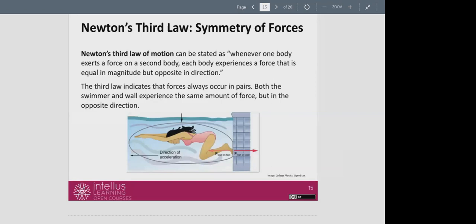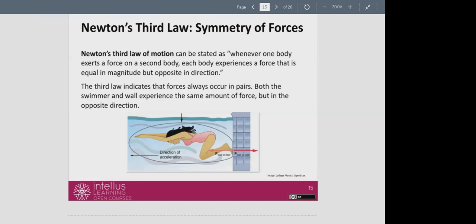And you can see that because the arrows are the same size. You can see that they point in opposite directions. What you don't readily see that is important here is that those action-reaction force pairs do not cancel each other out. You might be tempted to think that the forces in that picture are balanced. They are not.